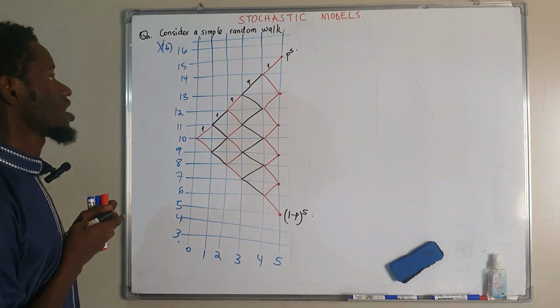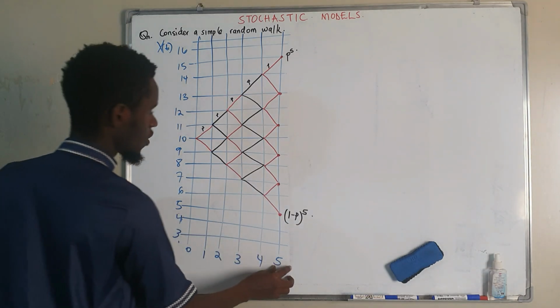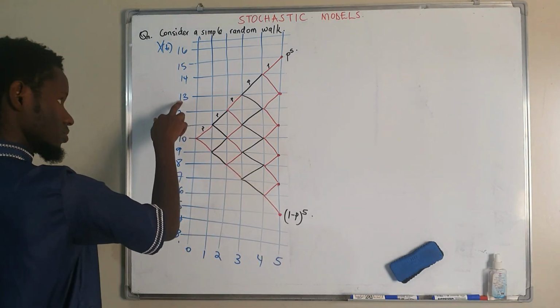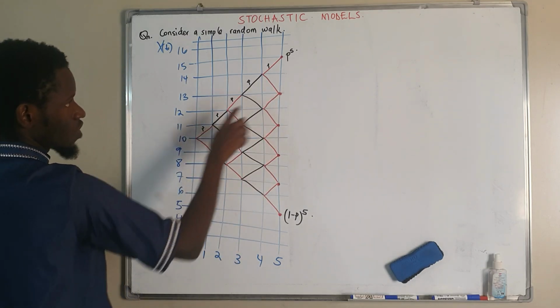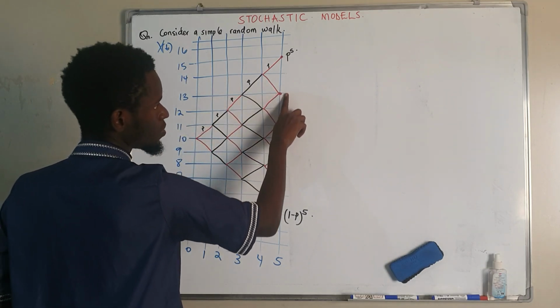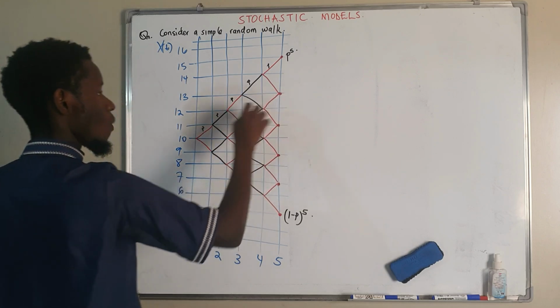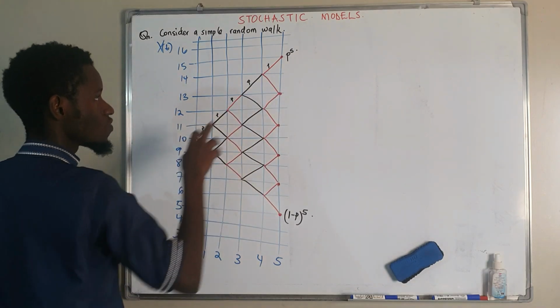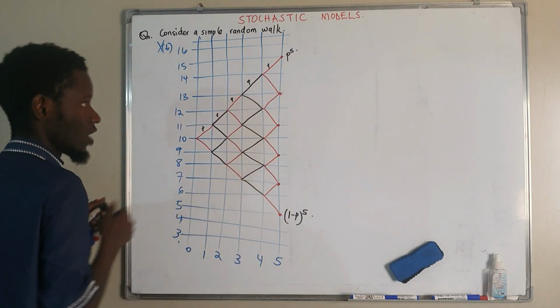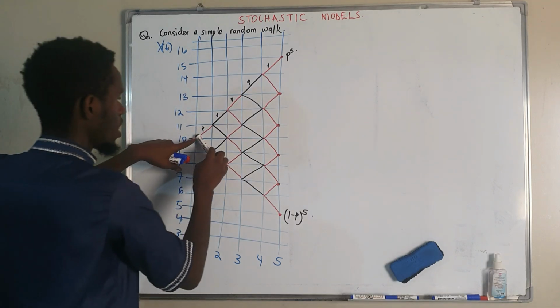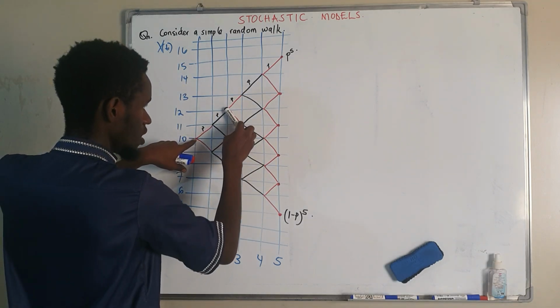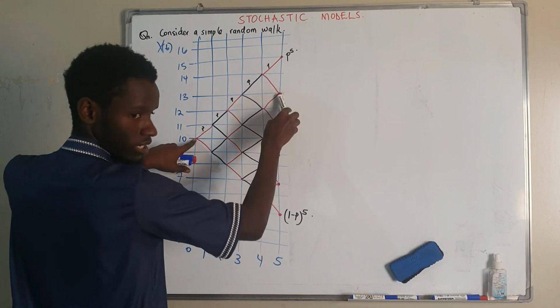Now, the second part is to determine the probability of X5 equaling 13 at this point here, given X0 equals 10. We first find the probability of getting here, since we shall look at all ways of reaching this point. Now let us begin. The first way is moving from here to here, to here, to here, then coming down like this.